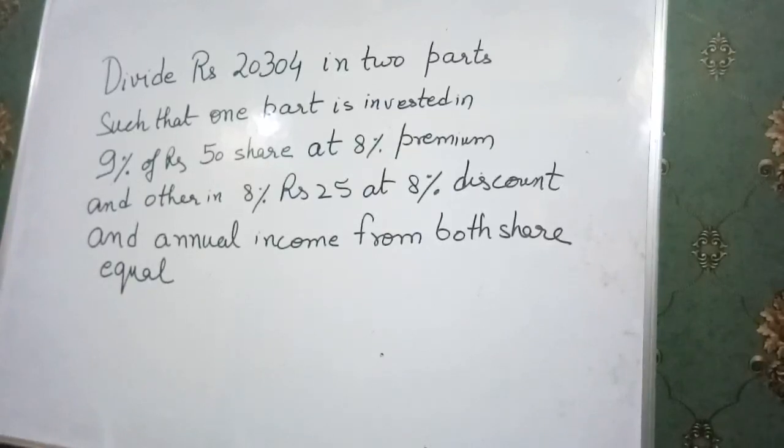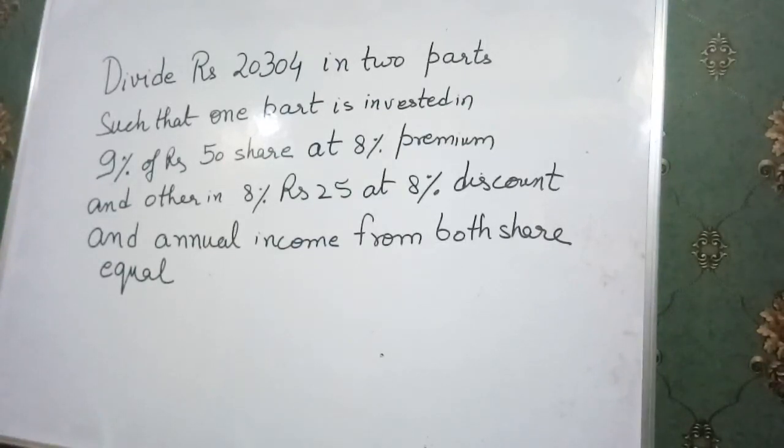Now, in the second case, he invested the remaining money in 8% rupees 25 share at 8% discount. 8% dividend is given by the company. The face value of the share is rupees 25, and the share is available in the market at a discount of 8%. Now just go forward: we have received equal annual income from both shares.